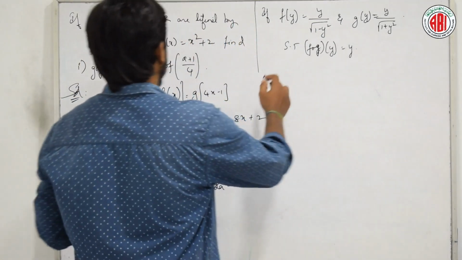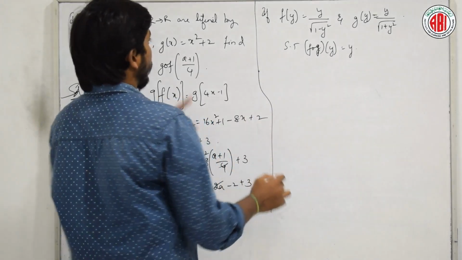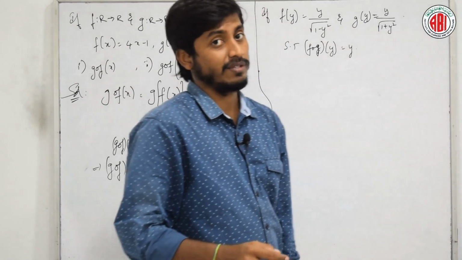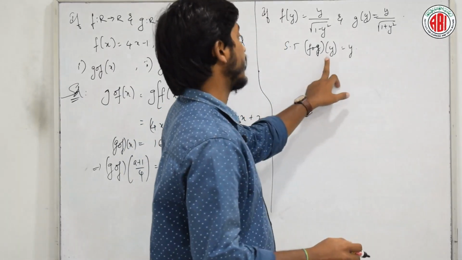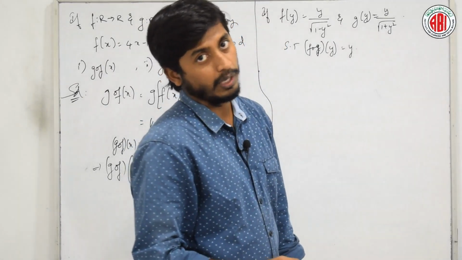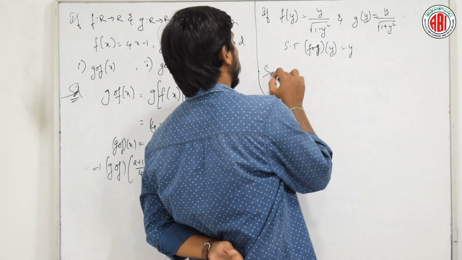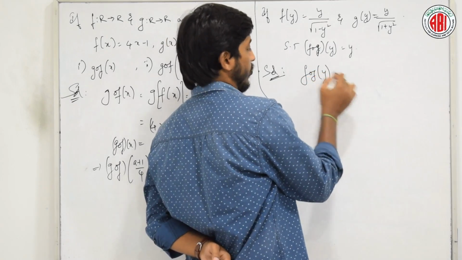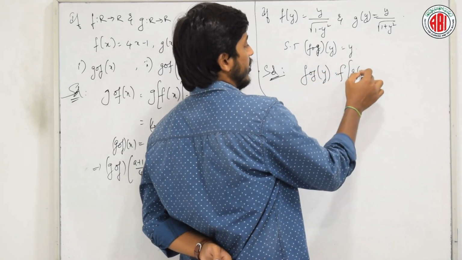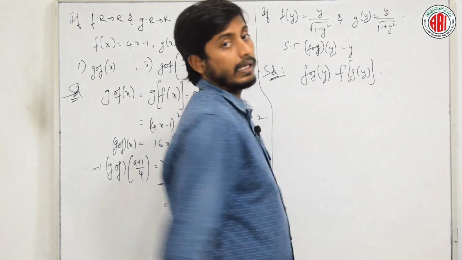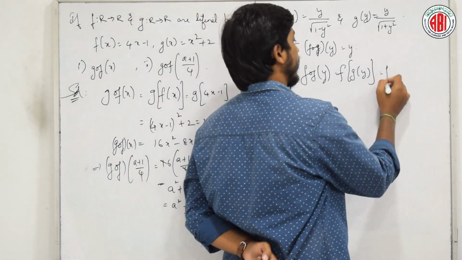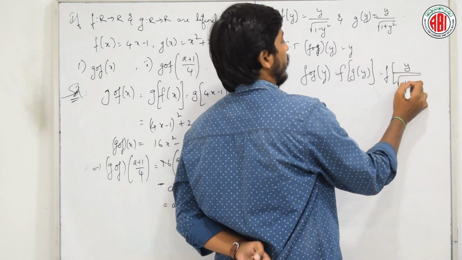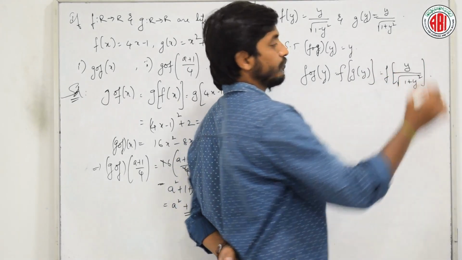Fine. Now look at this question. f of y equal to y by under root 1 minus y square, g of y equal to y by under root of 1 plus y square. He is asking us to prove f circle g of y is equal to y. Let us do it. f circle g of y is equal to f of g of y. That is f of, what is g of y? y by under root 1 plus y square.